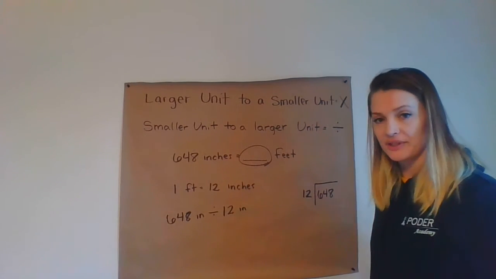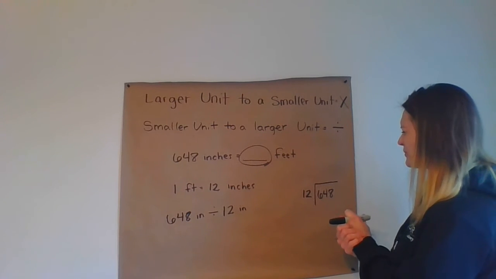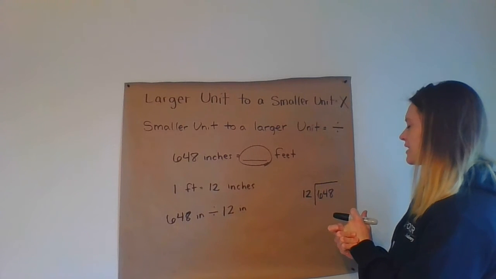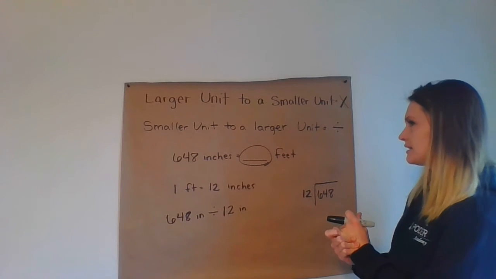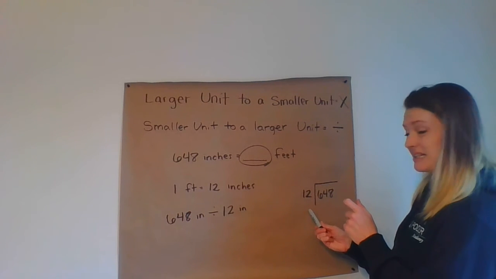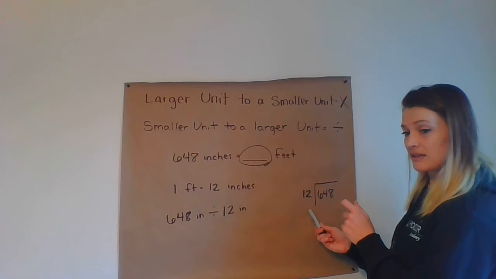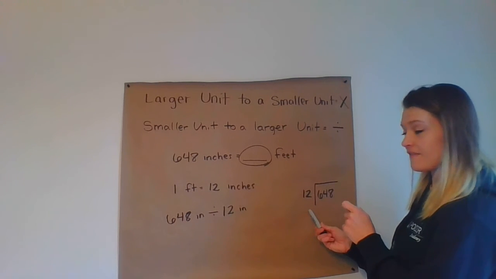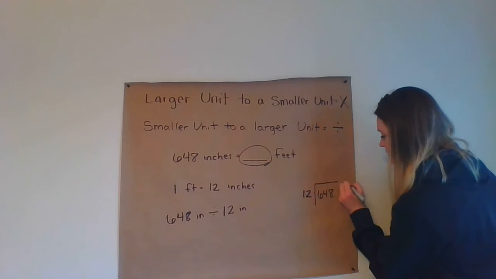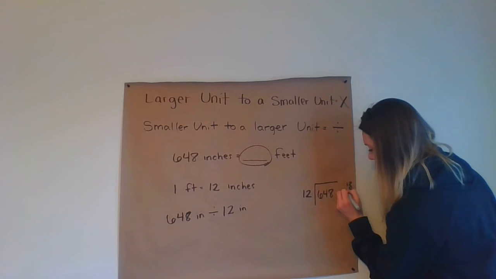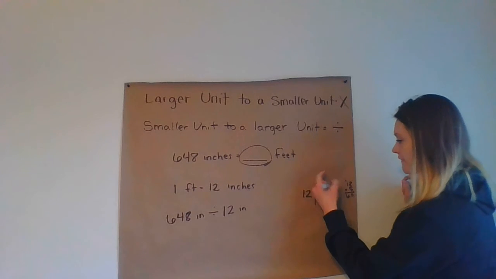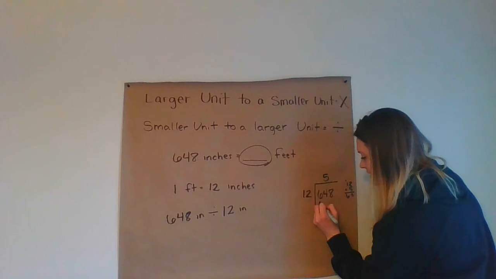Oh, I should have brought my phone. 12 times 2 is 24. 12 times 3 is 36. 12 times 4 is 48. 12 times 5 is 60. Yep, that's as close as I can get. So it's going to go in 5 times, and I get 60.